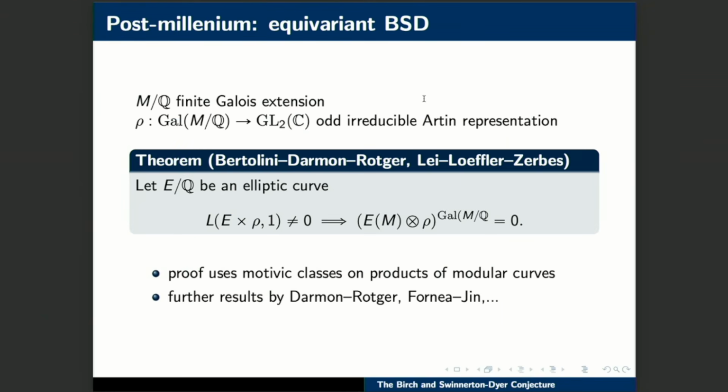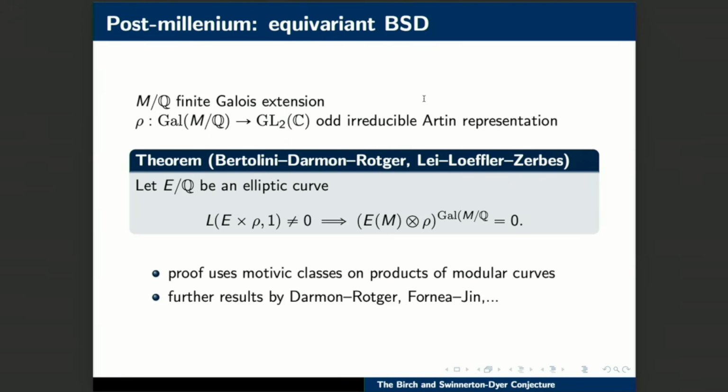Back to the Birch and Swinnerton-Dyer conjecture, saying, if an L function vanishes or doesn't vanish, do we actually know something about the rational points? We have some interesting results towards what's called the equivariant Birch Swinnerton-Dyer conjecture.